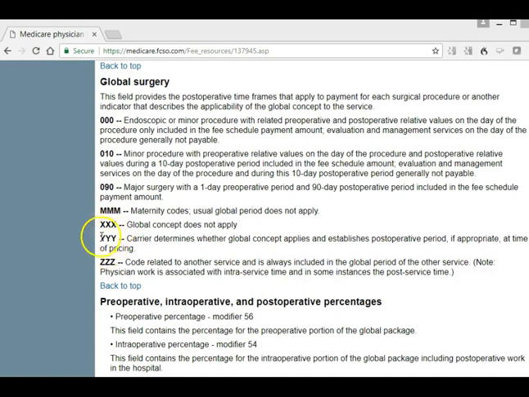For Y procedures, the carrier determines whether or not the post-op period applies, and for Zs, these codes are related to another service and are already included in the global of another service. So think of this as the bundling of a global service.